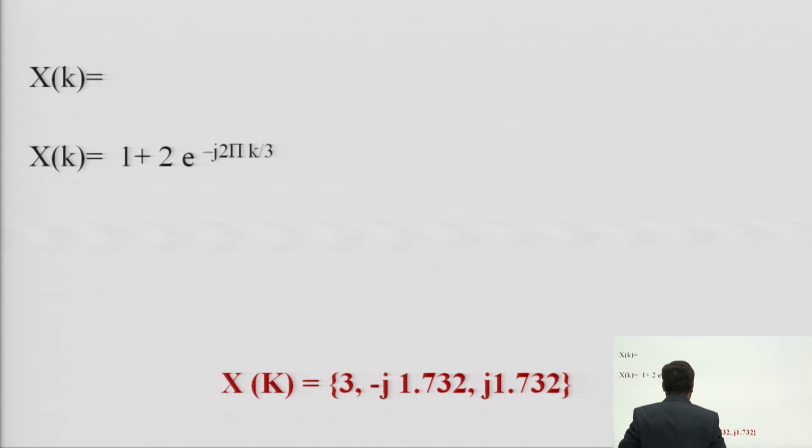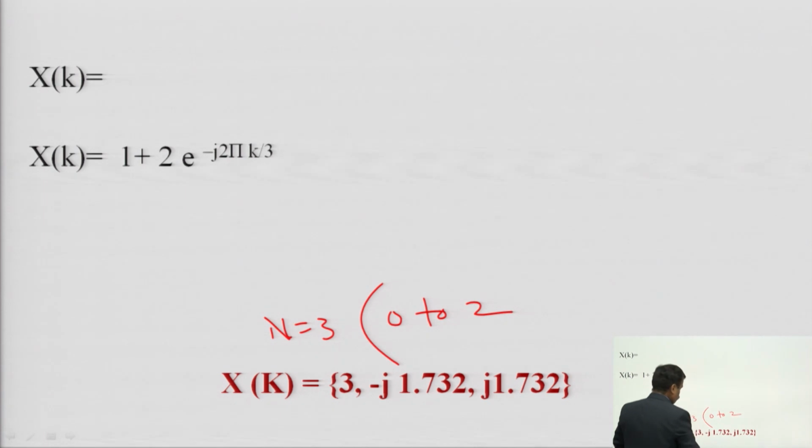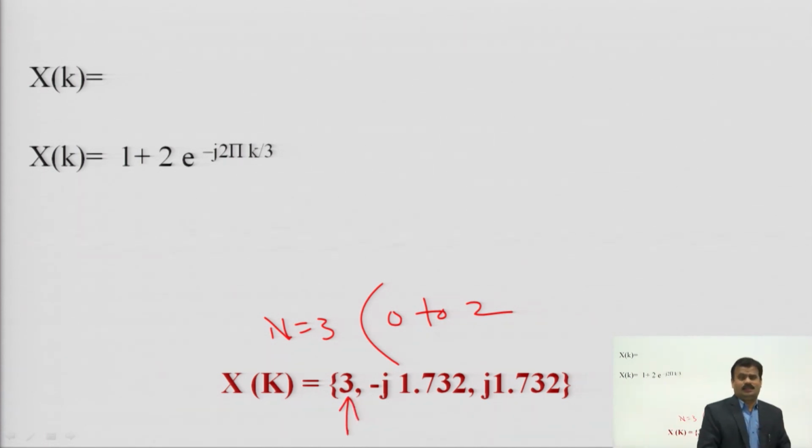So, at 0, at 1, at 2, because your N is equal to 3, and you have to go from 0 to 2. If you solve numerically here, I also told that at the time of DFT explanation. In detail I told you how you calculate the DFT.